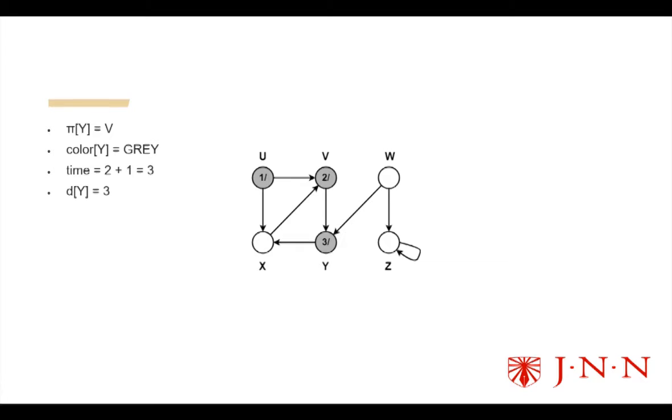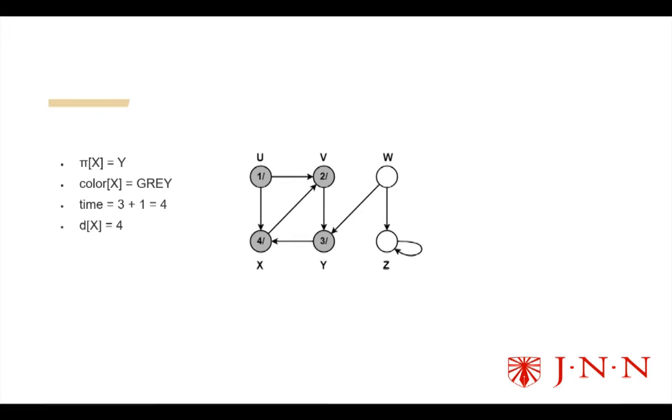Then immediately the next vertex turns from white to gray, that is Y. So what is the time unit now? At that time, the ancestor V had time unit 2, plus 1 unit gets incremented, so 3 is the discovery variable value.